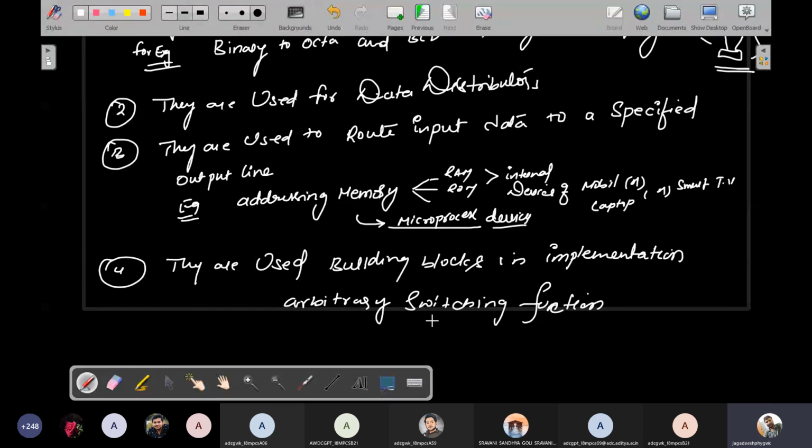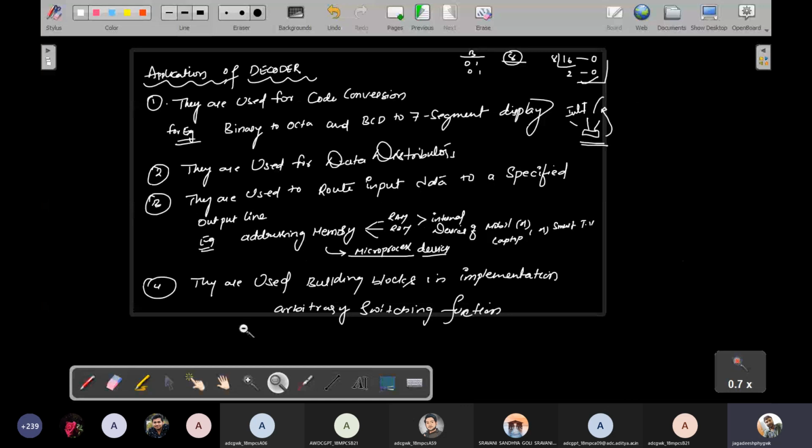So understand, these are the important points. These are the important applications.